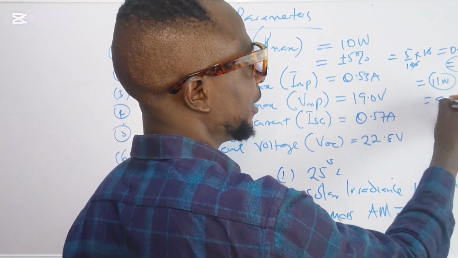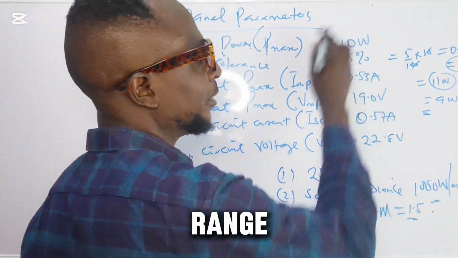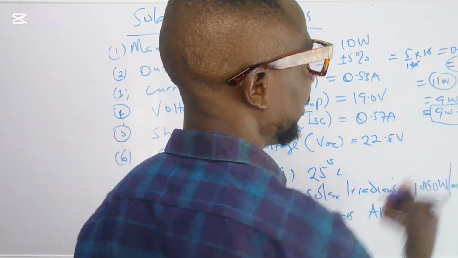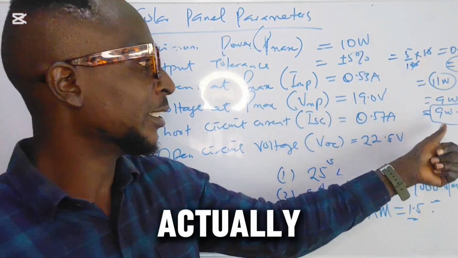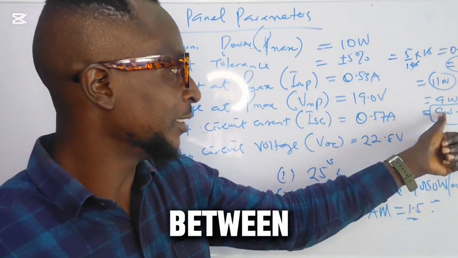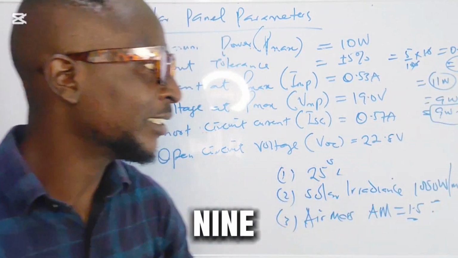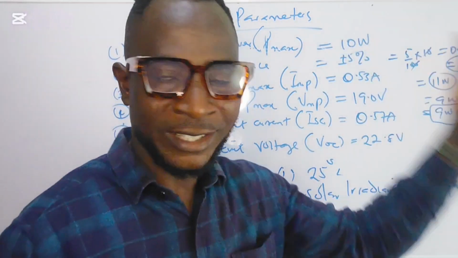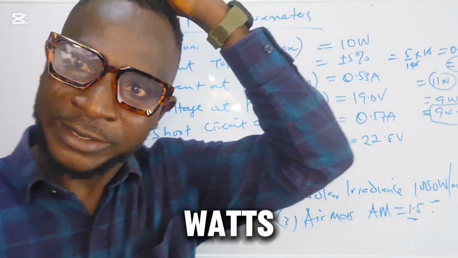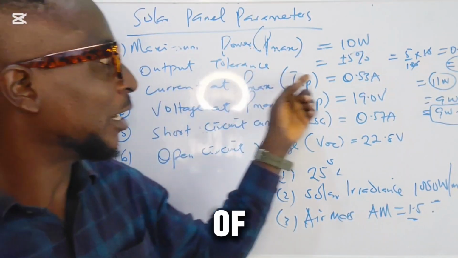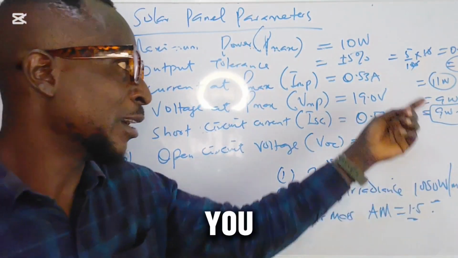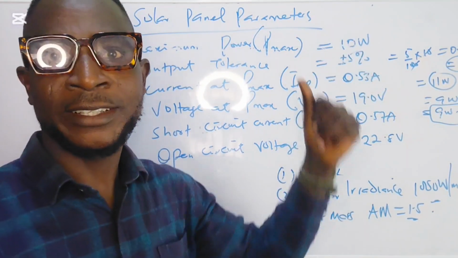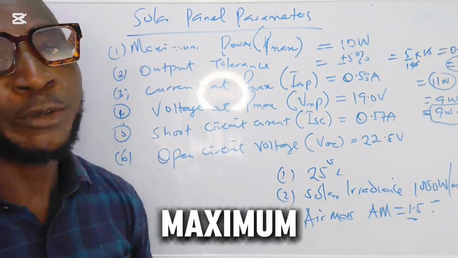That means we have 9 watts. The panel range of operation is between 9 watts and 11 watts. Between this and this, you can get 9, 9.1, 9.2, 9.3, 10 watts, 11 watts. So that is the meaning of output tolerance, and how you can apply it: just 5% times the maximum power.